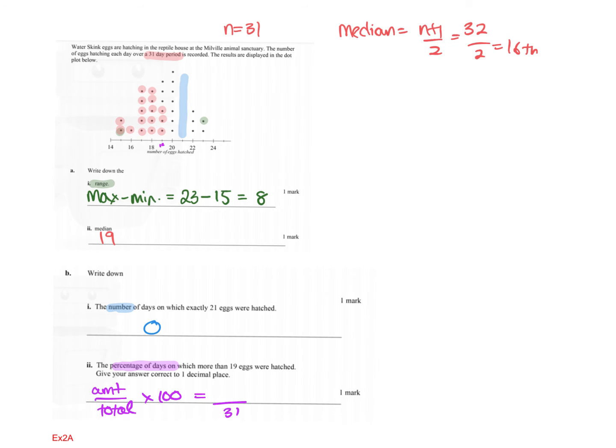So 19's here. So more than. So I'm going to go 1, 2, 3, 4, 5, 6, 7, 8, 9, 10, 11, 12. So 12 over 31 times 100. And just taking note, it's 1 decimal place. So what does that equal? 38.7%. Okay, beautiful.